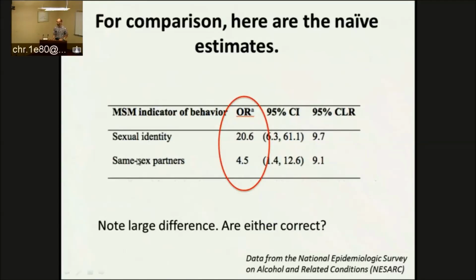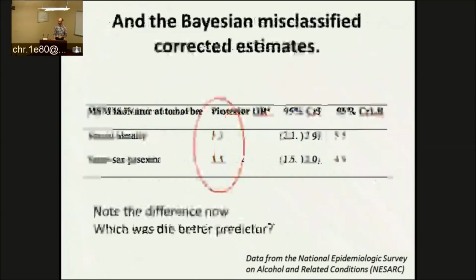If you disclosed that you had male sex partners, you had, more or less, a 5-fold risk of HIV. So which one would you believe based on this? The biology of HIV infection is not any different here based on how you're measuring sexual behavior. So what's going on? You would expect these to be the same. So this tells us that there's misclassification going on.